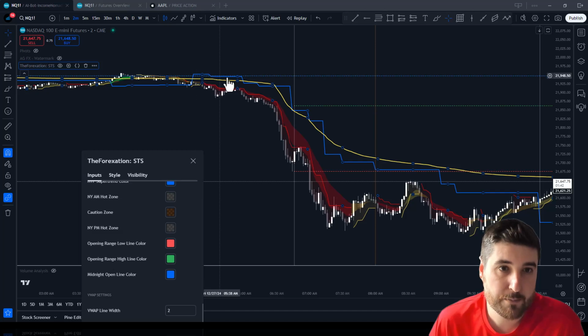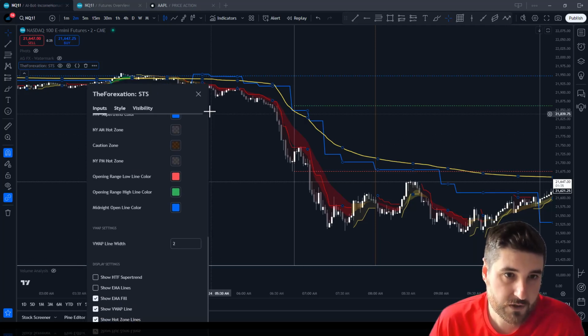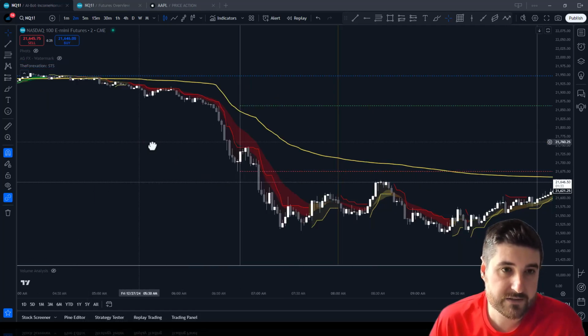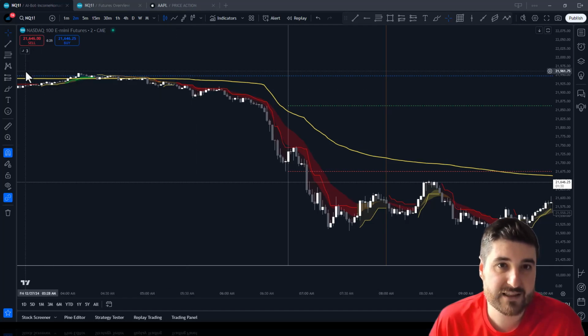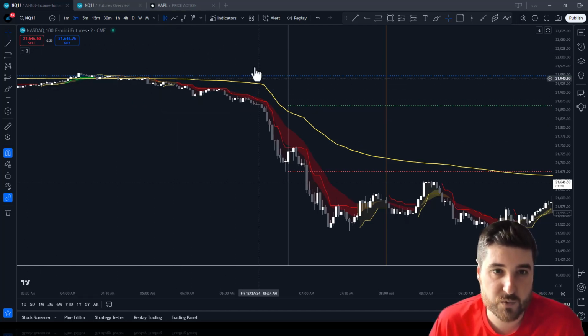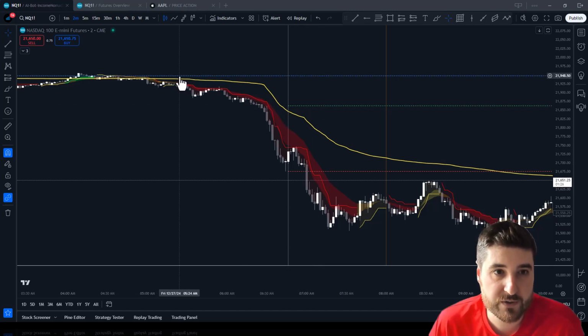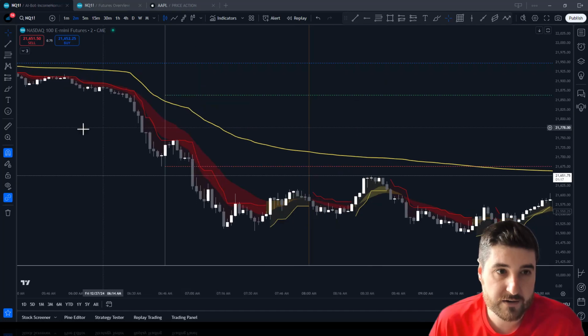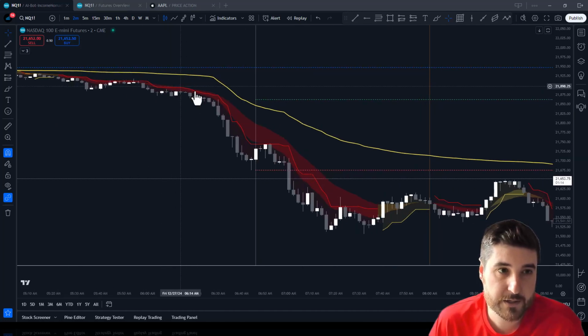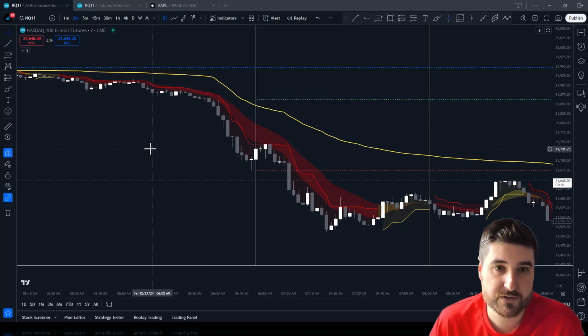If we're below it, this is where it turns red and we get the red signals to sell short, right? So what we're doing is trying to get the flow of price, and that's what this is helping you visually do. So now we have below the VWAP, the super trend signal indicator is red, and we're going to use this as our last confirmation that we should be looking for shorts.